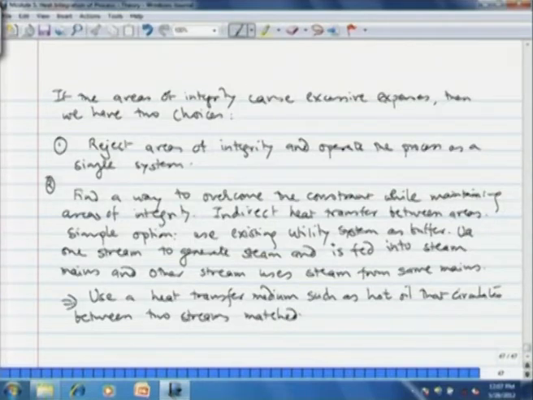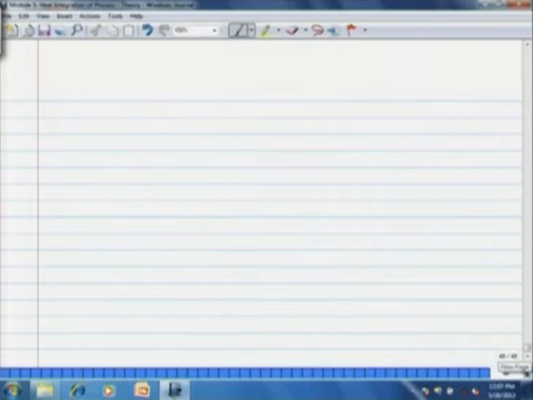So these are the options, and then we are left with one final point to close this lecture, that is the selection of utility.